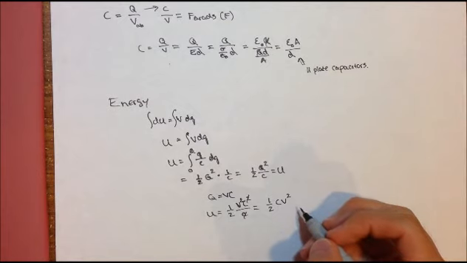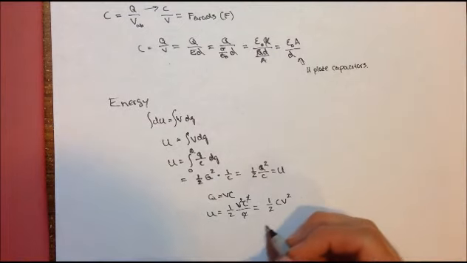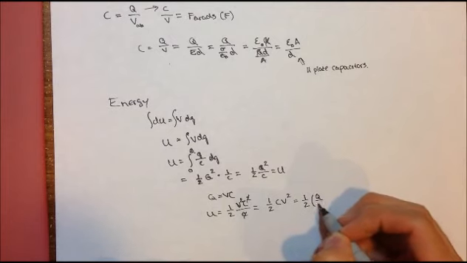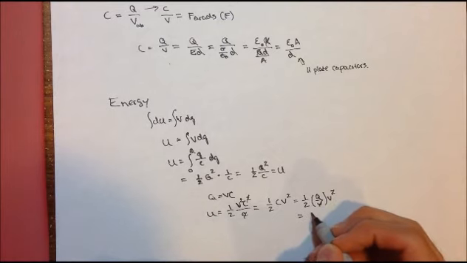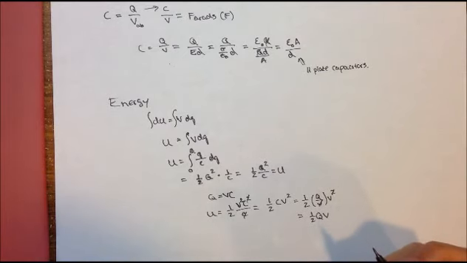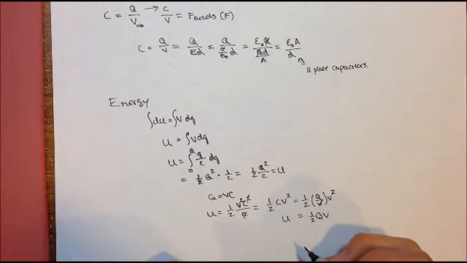We also know that C is equal to Q over V, and so this could also be, cancel out the V's and you get 1/2 QV. And these are all the three equations you can use to find the energy stored in a capacitor. Notice that this is U for a capacitor, and the potential energy in anything else would simply be QV without the 1/2.